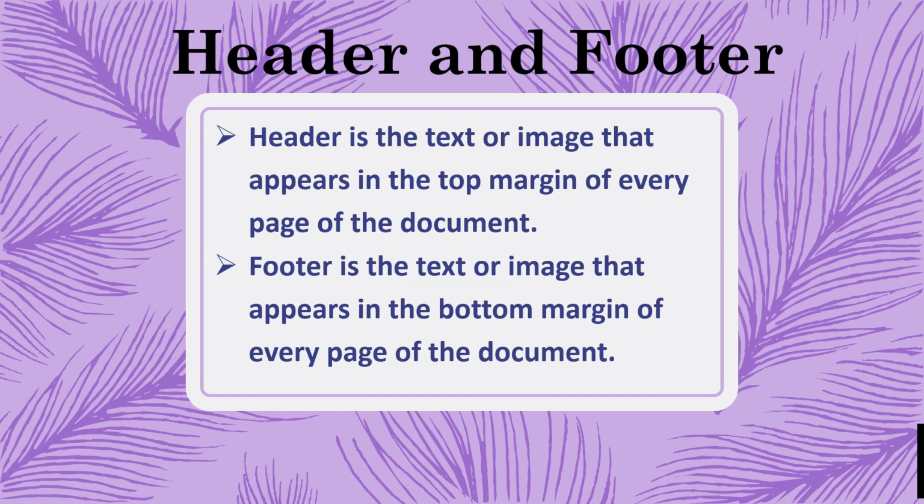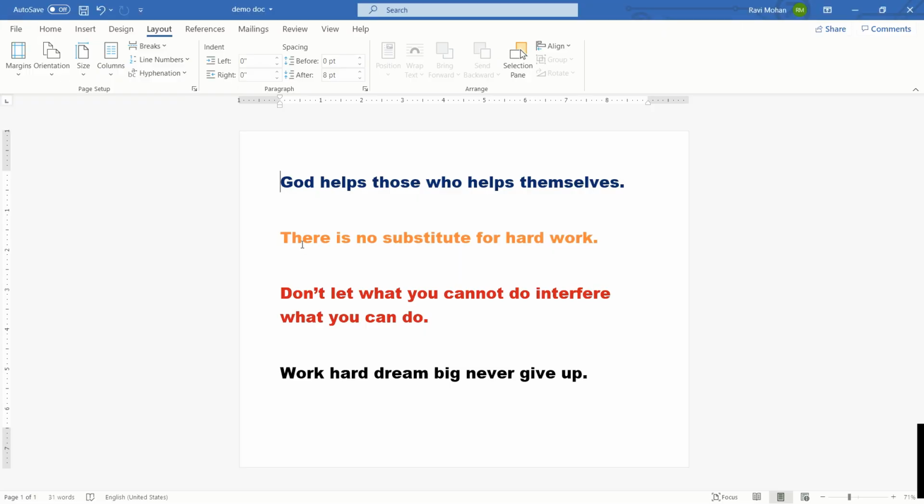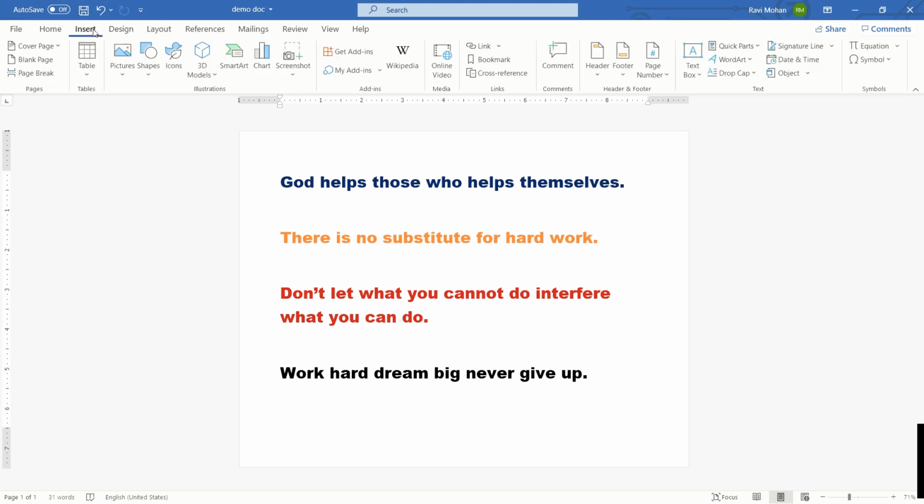Children, you would have seen in your course books or your story books, there are certain things printed on every page of the document, but we don't need to type it on every page. Let's see it practically. If I wish to add a header or a footer, we'll have to click on the insert menu.